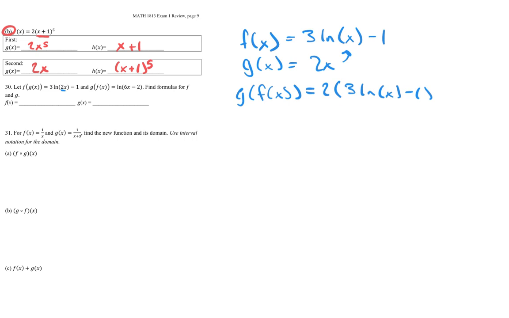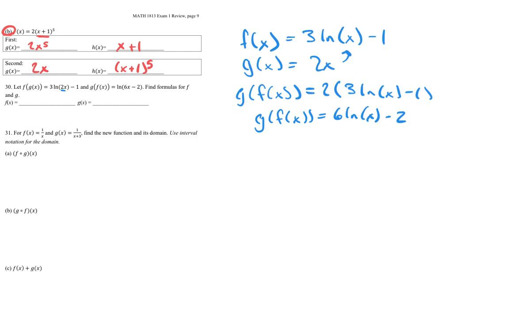So here, we distribute our 2 out, and we get that g of f of x equals 6 natural log of (x minus 1), which isn't quite what we were searching for. So we know that we need to try something different.